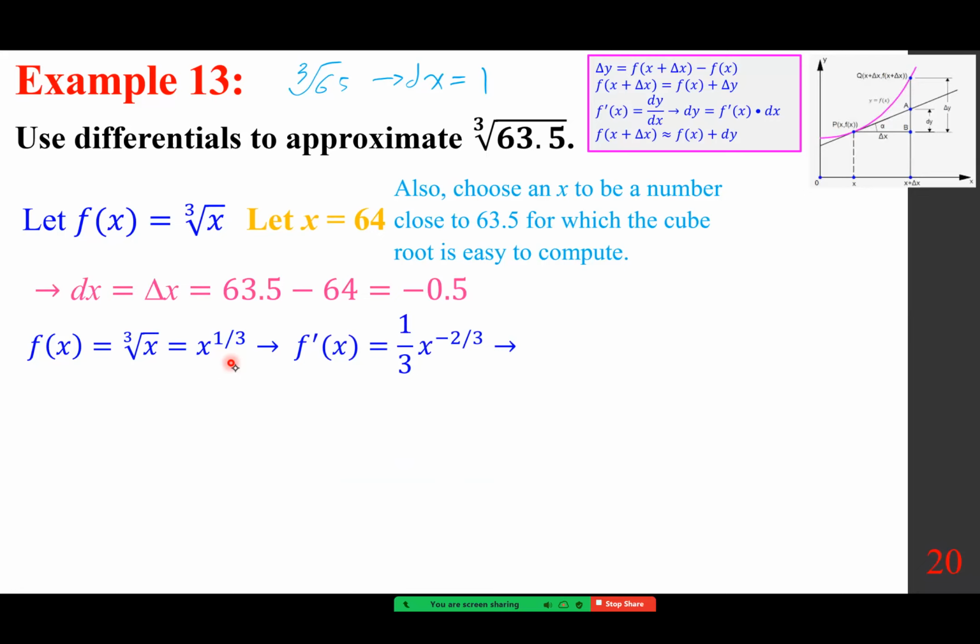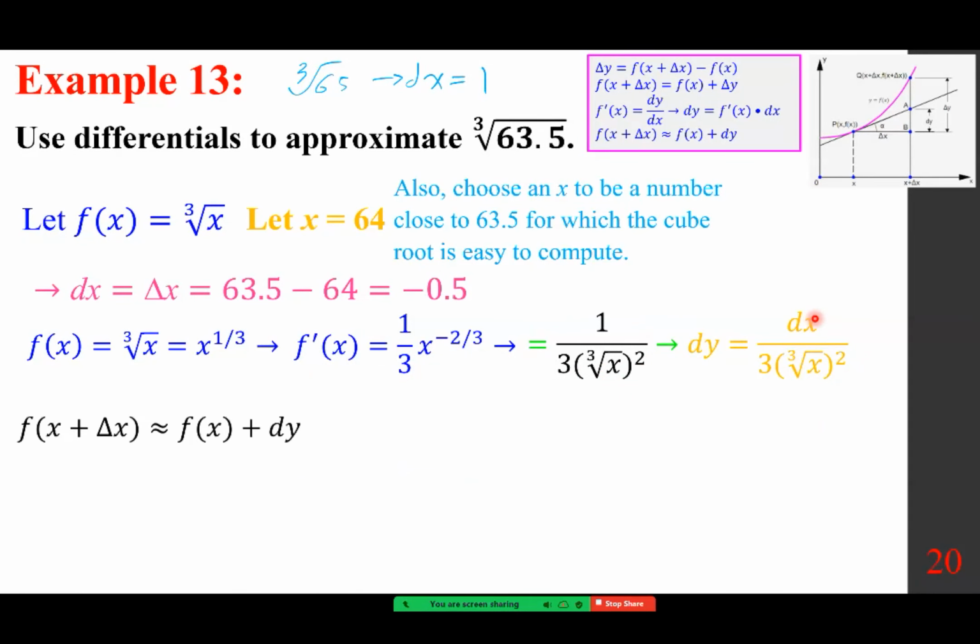If you were to rewrite that, this 2/3 goes down, becomes x to the power of positive 2/3, and this is another way of representing that. And if this is f prime, dy is the same thing times dx. You can say 1 divided by 3 cube root of x quantity squared times dx, or you put the dx at top. It makes no difference.